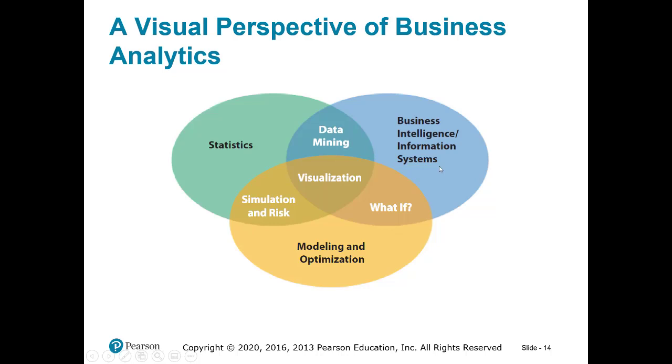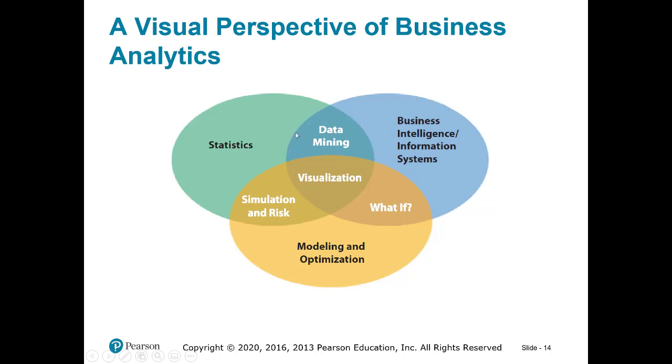And this is almost like a little overview of our course in that we're combining statistics with this idea that statistical methods cannot be isolated. They need to be combined with data and incorporated into business information systems.